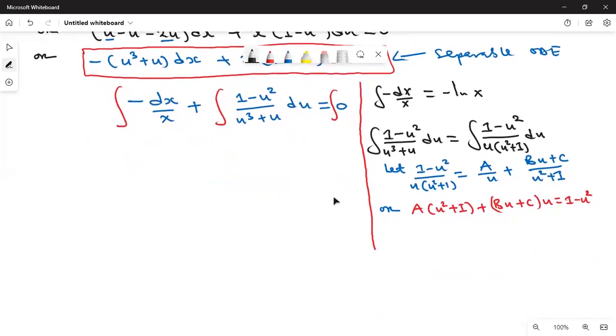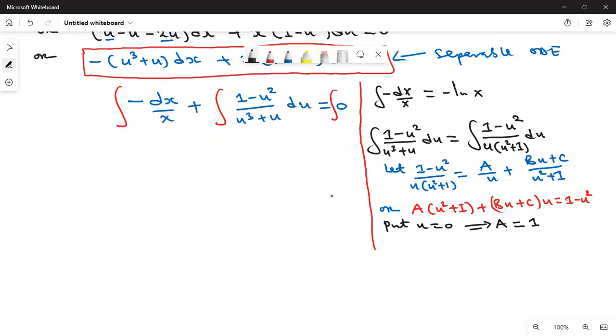So I'm going to say, if I put u equal to 0, what do we get? In that equation, we are going to get A, of course the other one is 0, so A is equal to 1. Where there is u, you put 0, so we simply get A is equal to 1.